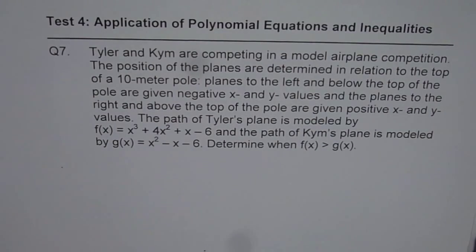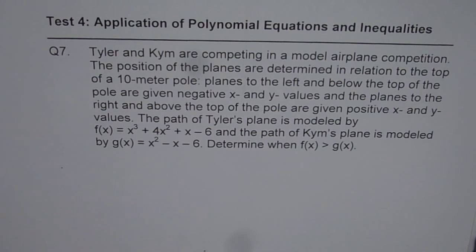The question is, Tyler and Kim are competing in a model airplane competition. The position of the planes are determined in relation to the top of a 10-meter pole. Planes to the left and below the top of the pole are given negative x and y values, and the planes to the right and above the top of the pole are given positive x and y values.